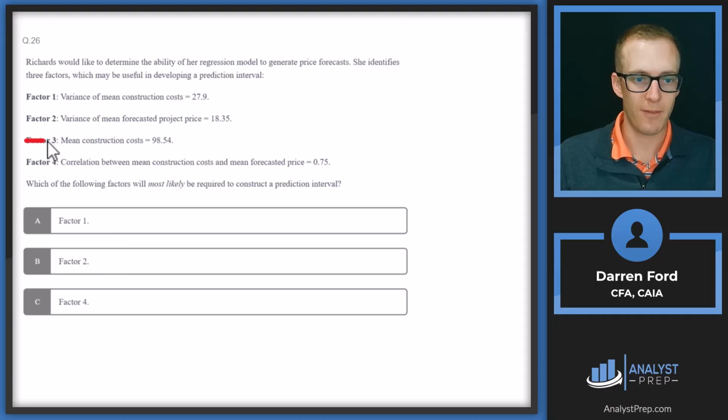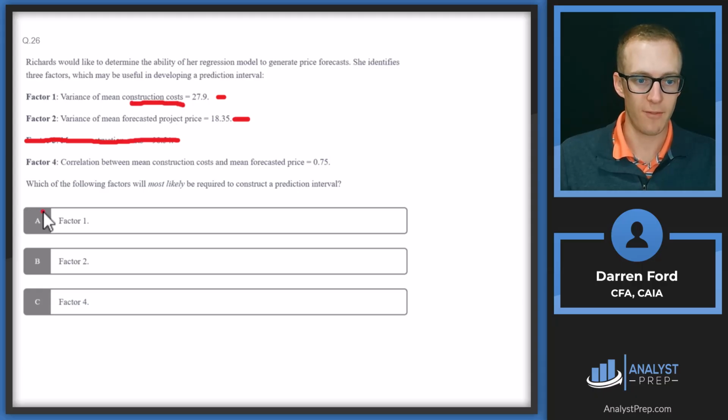So we're not going to be looking at factor 1. So let's take a look at these others. We have the variance of mean construction costs versus variance of mean forecasted project price, and the correlation. And with our regression model, we're determining the ability to generate price forecasts. Okay, so when we're constructing a prediction interval, we're going to be doing this based on the mean of the construction costs.